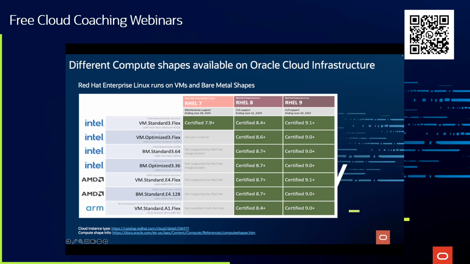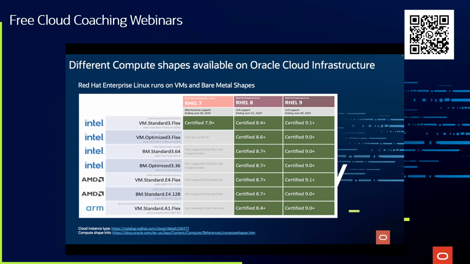Just a little bit about bare metal. If we take this example of Red Hat Enterprise Linux 8, let's take this 8.7 environment, which can run on Intel bare metal Optimized 3.36. Or let's take the 64 version rather, an Intel version 3.64. 64 denotes the number of cores. So you'll have 64 cores on this bare metal server, which is an isolated server, and you have full control of it.